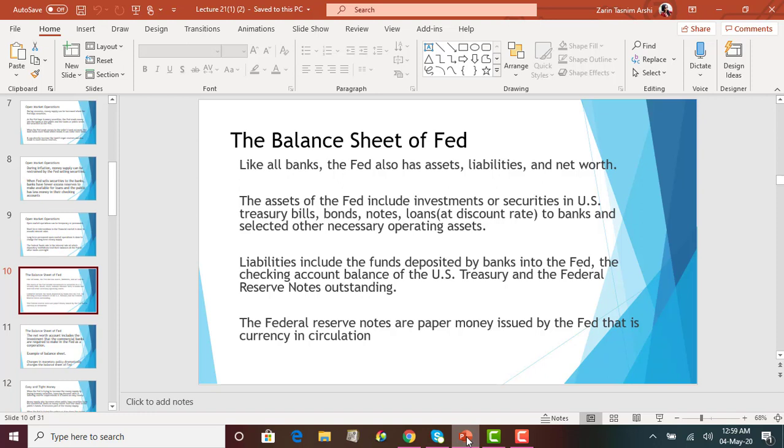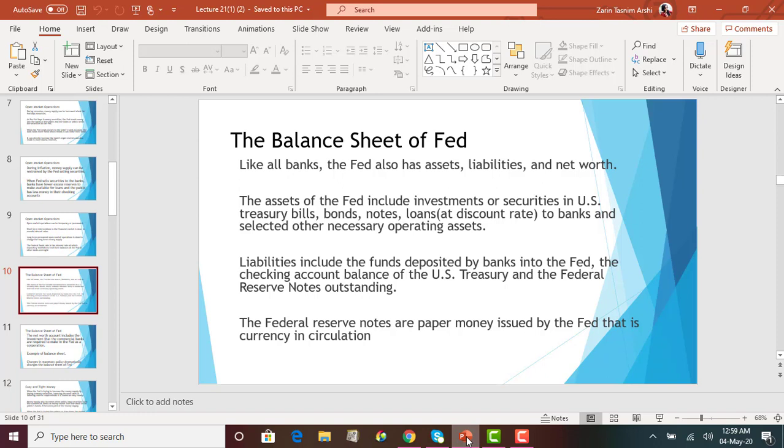Or any type of checking accounts that the government departments have, like the IRS can have checking accounts with the Fed. The Department of Homeland Security can have a checking account with the Fed, and these checking accounts for the government departments are liabilities for the Fed, because anytime those departments come and ask for the money, the Fed has to pay them back the money.